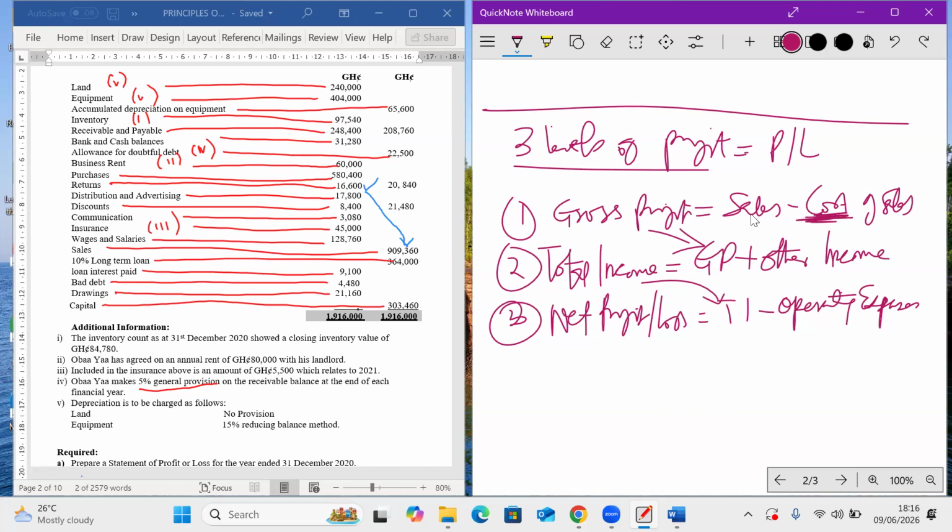So sales is on the credit side, cost of sales is on the debit side, and we are moving the cost of sales to go and join the sales. So what will the cost of sales become? Positive or negative?